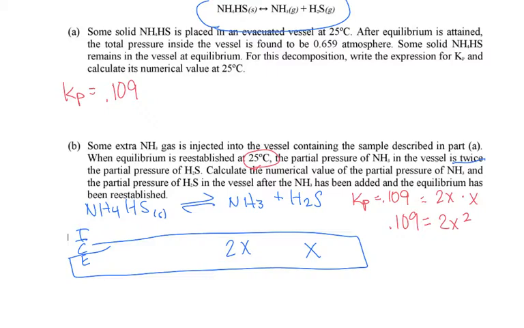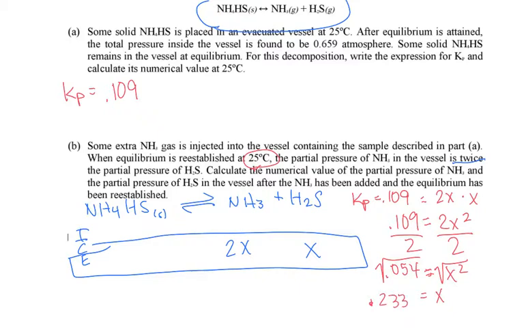Okay, so we take both sides, we divide by 2. X squared is going to equal 0.054. Okay, and then if we take the square root of both sides, x is going to equal 0.233.